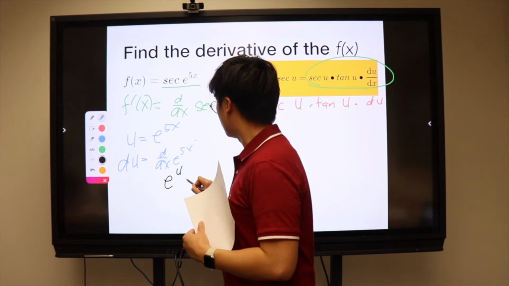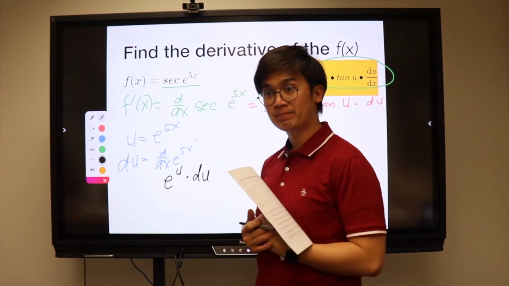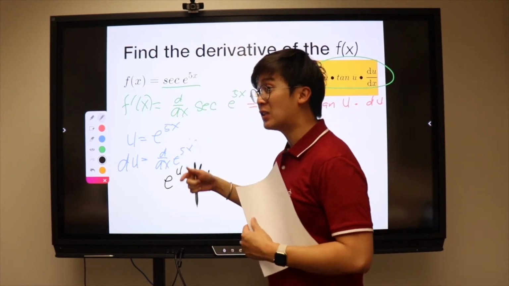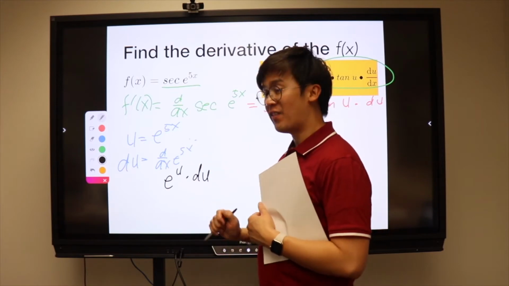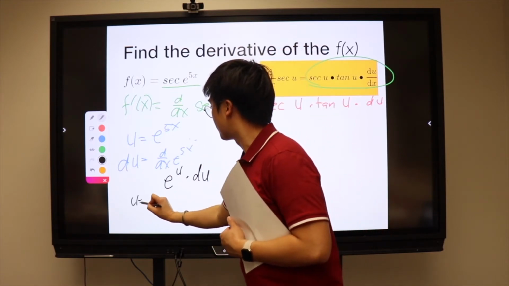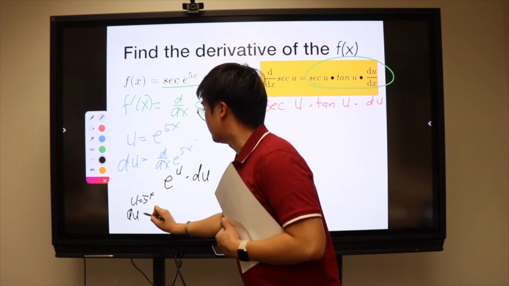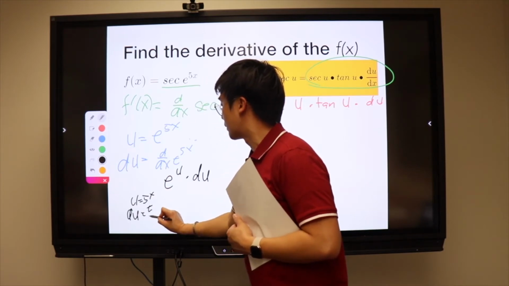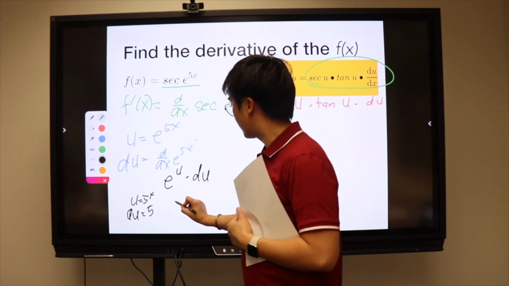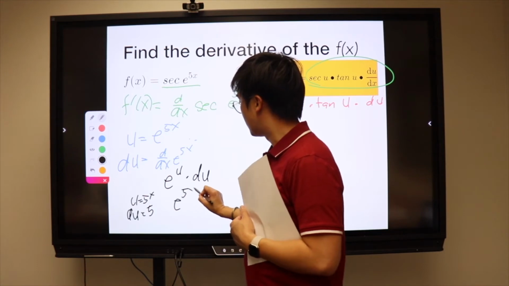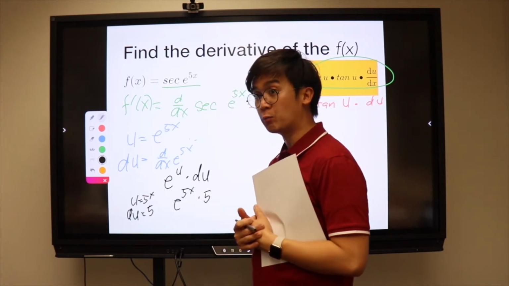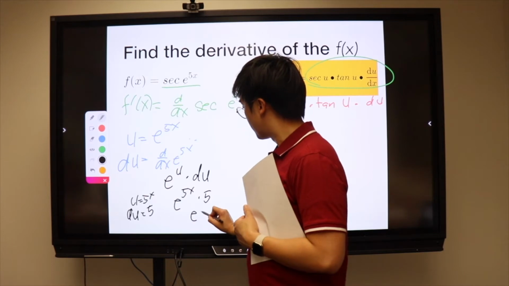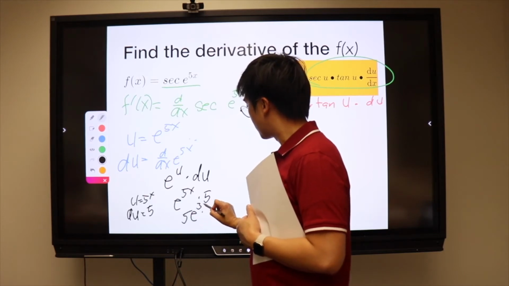E to the u times du, right? What is the u of your e to the u this time? 5x. And what is du? And now we have e to the 5x times 5. Can we make it prettier? Yes.